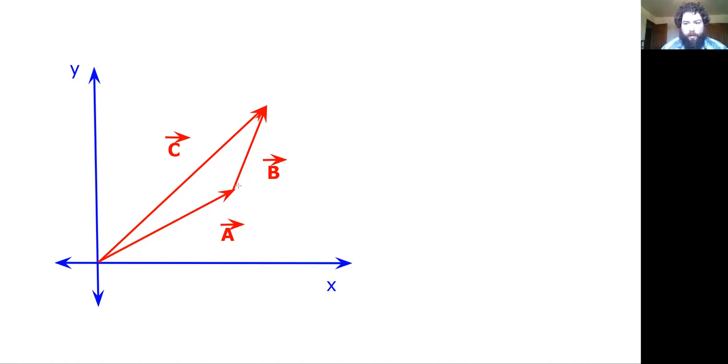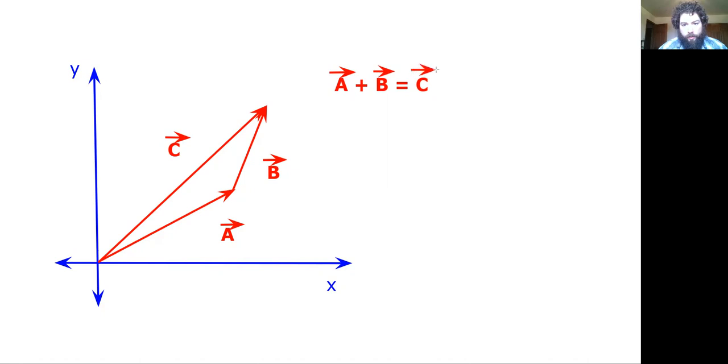It'd be like going one distance and then going a second distance in one dimension; to figure the total distance you would add them together. It basically works the same in two dimensions, except we are accounting for two dimensions instead of one. So this will be A plus B equals C. And it's just like that. That simple, pretty much, and we'll get into the math of the components here in a little bit.